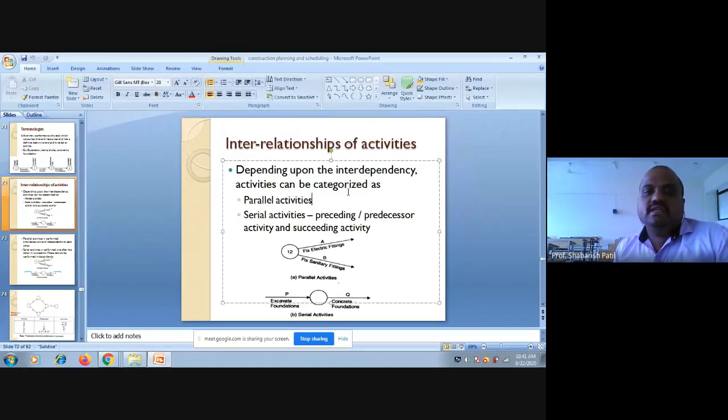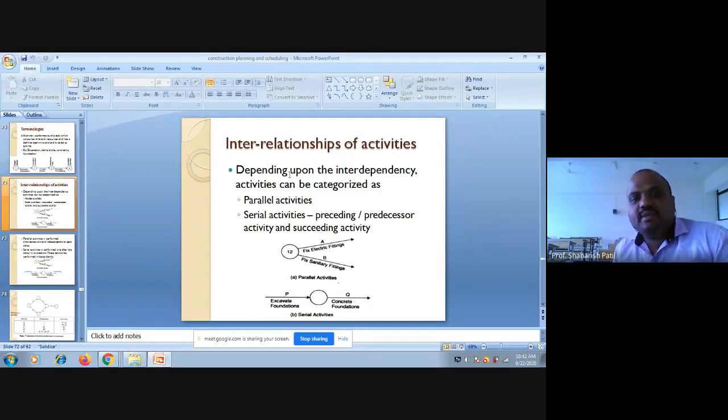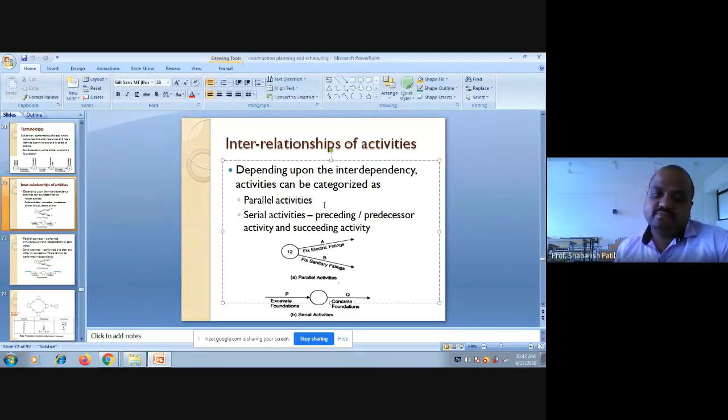Now we'll try to understand the interrelationship between the activities. Depending upon the interdependency, activities can be categorized as parallel activities and serial activities. Further, the serial activities can be categorized as preceding or predecessor activities and succeeding activities.